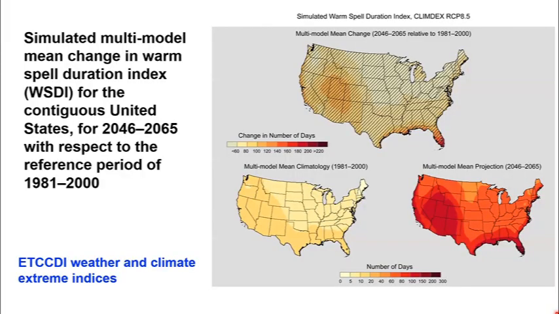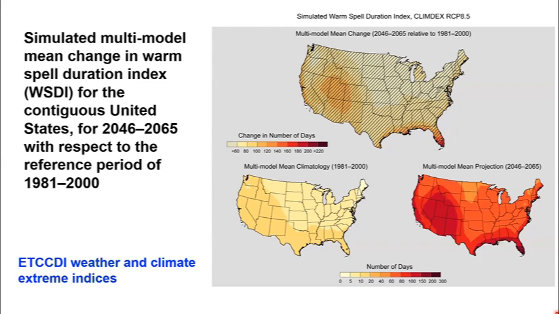When people work on climate models, they even use specific weather and climate extreme indices from the expert team of WCRP. For example, here is a warm spell duration index: as long as a particular temperature reaches a certain percentile, like the 90th or 95th, for several days, then you count it as an occurrence of a heat wave.